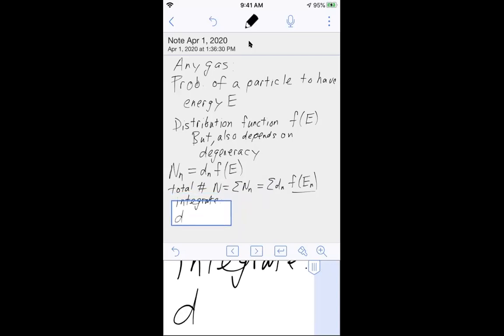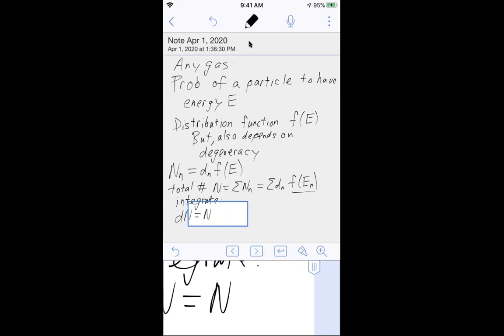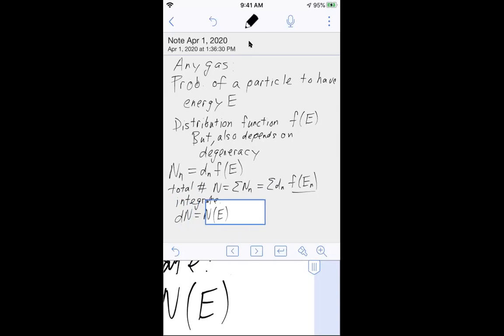To integrate, we'd have some small number n that depends on the number density, or sorry, the number at that unit energy times that little unit of energy.